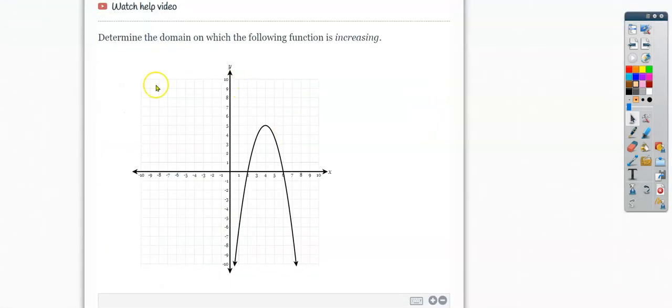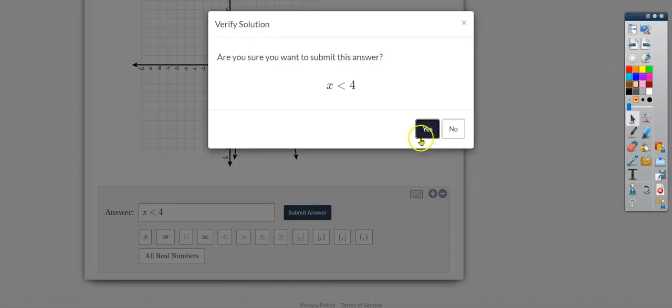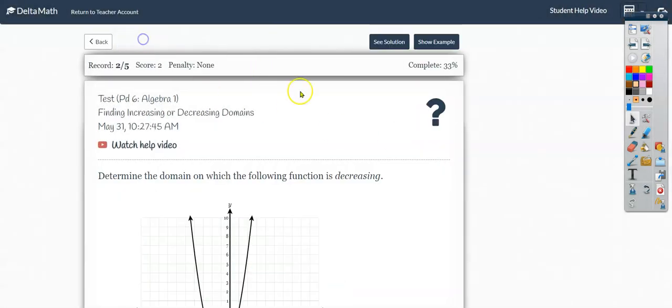Let's try that again. Find the domain in which it's increasing. So all of the numbers until we get to the vertex, which is at 4. So when x is less than 4, it is increasing. Then it turns and it starts decreasing. Okay, next question.